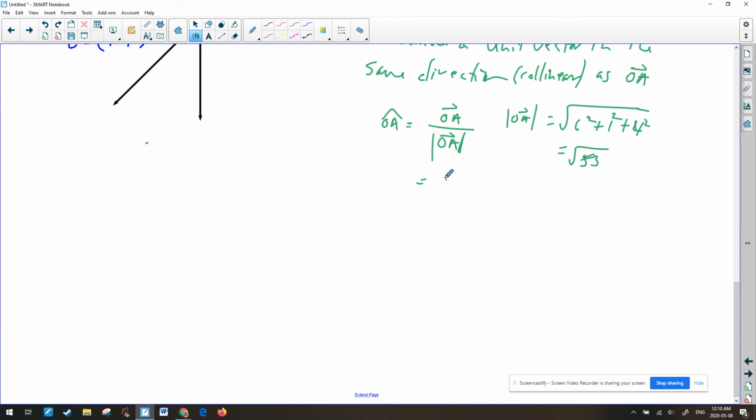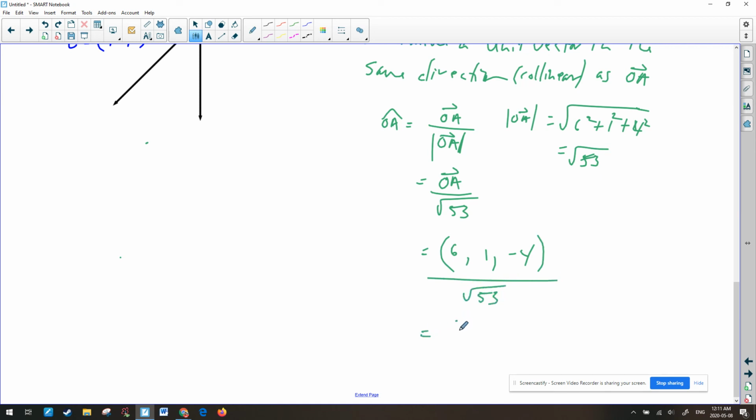It's the vector OA divided by the root of 53, or we have the coordinates of OA, so we could say it is 6, 1, -4, all divided by the root of 53.